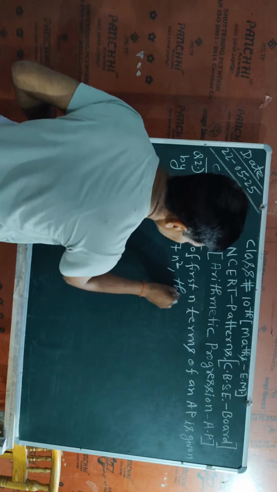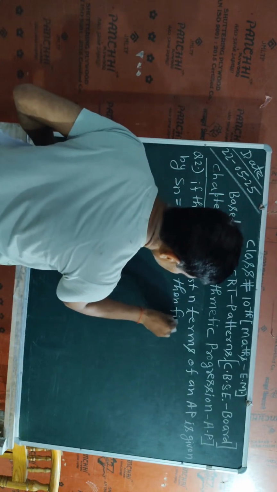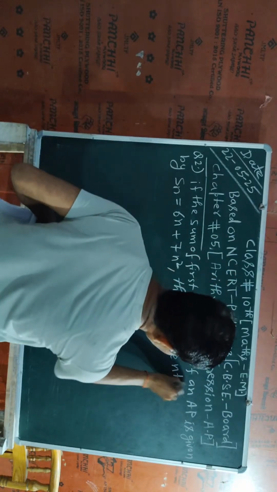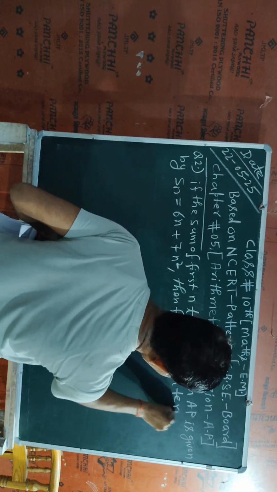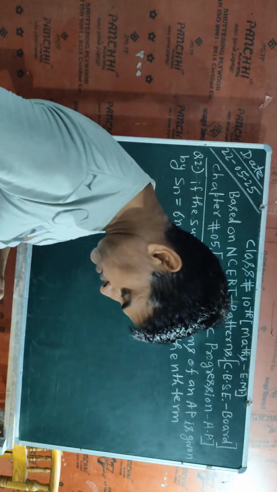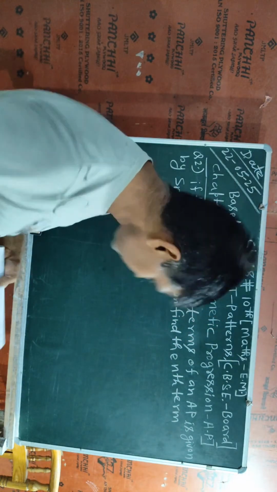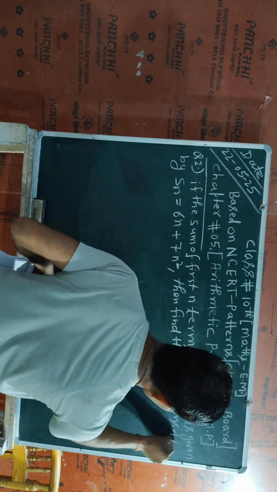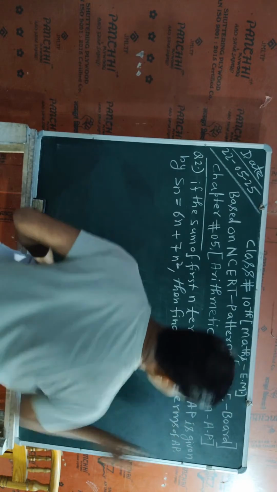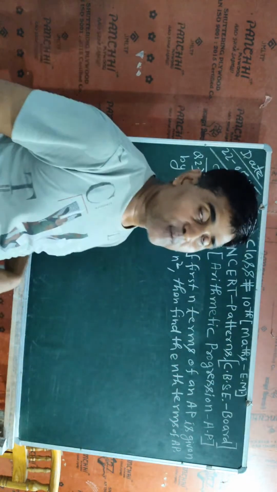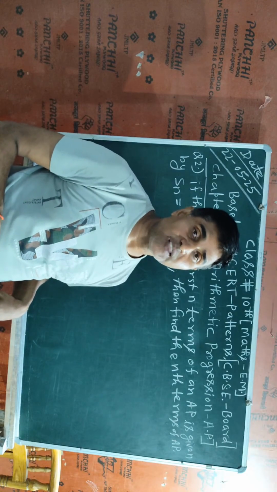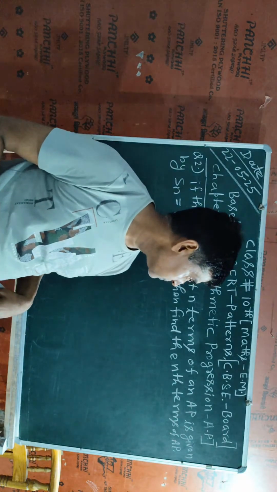Then find the nth term of the AP. Here the sum of the first n terms is given.